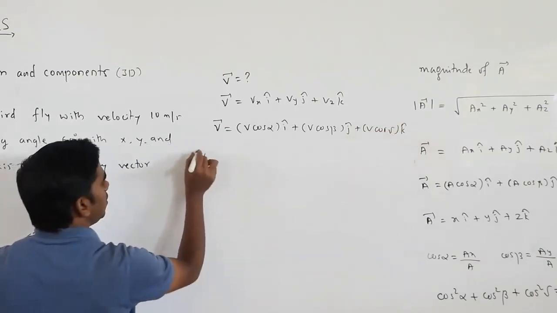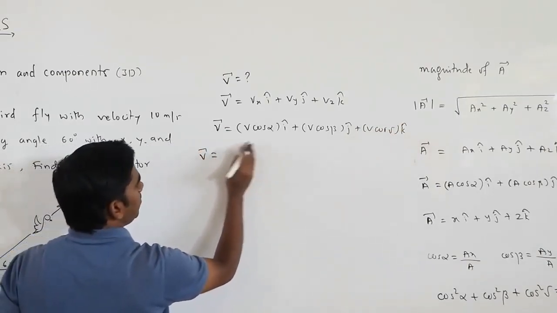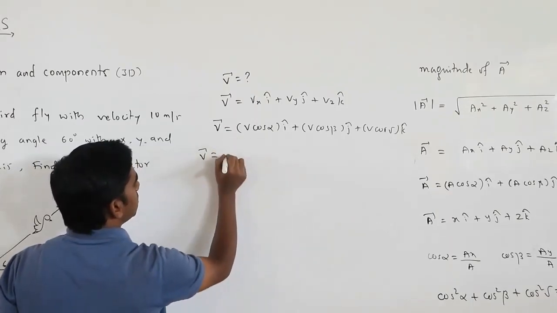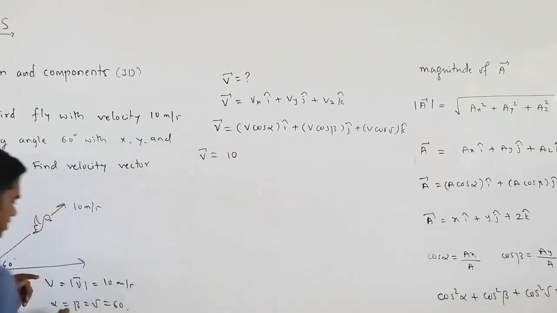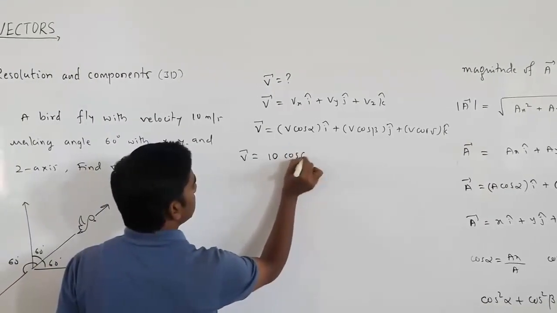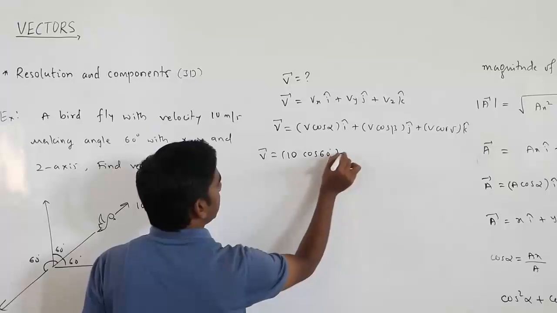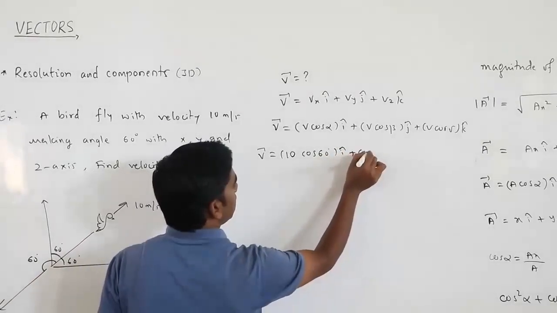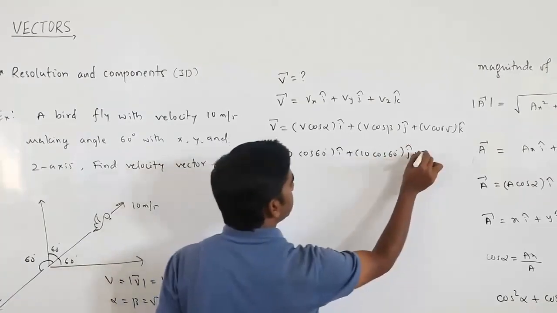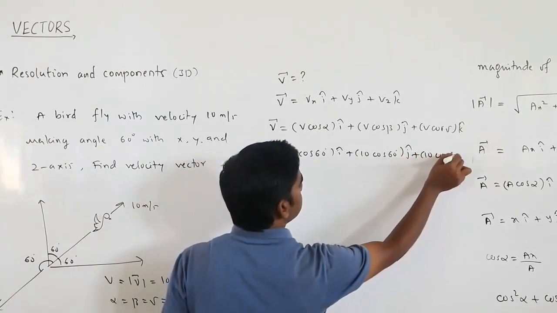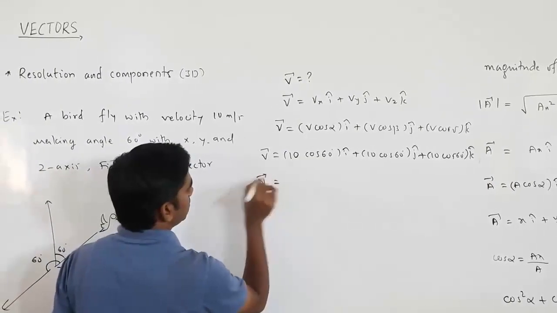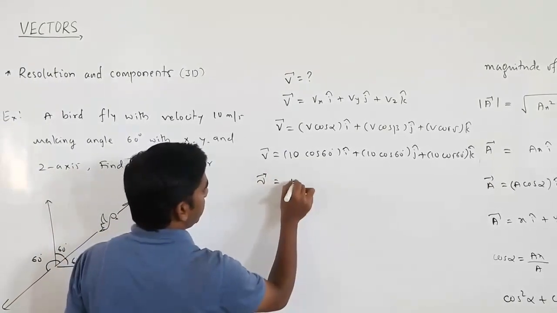Okay. So what is V? V is 10. Here it is given, so 10 cos 60 degrees i cap plus 10 cos 60 degrees j cap plus 10 cos 60 degrees k cap.